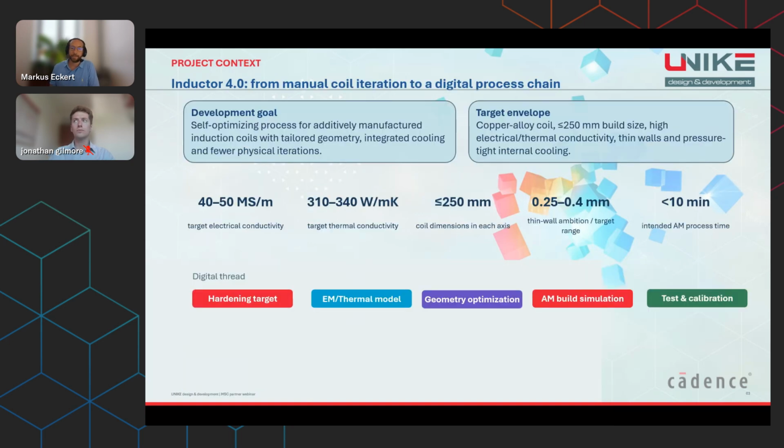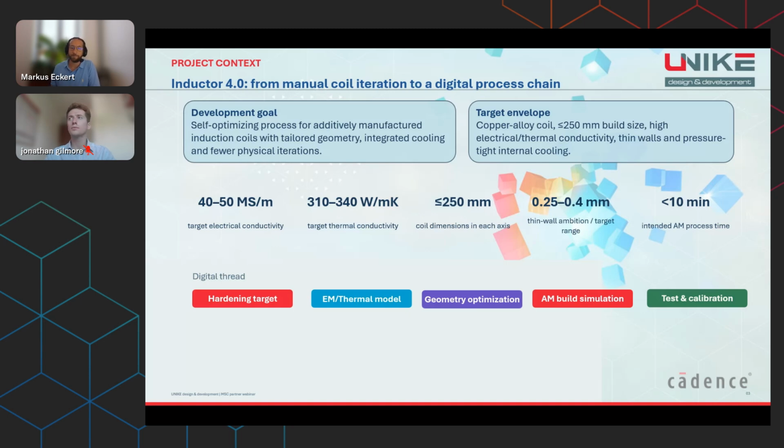The project context can be summarized quite well as Coil 4.0. Traditionally, induction coils are developed with a strong reliance on experience, prototypes, and manual correction loops. That approach can work, but it becomes expensive and increasingly difficult when the hardening zone is geometrically complex. The goal is therefore a more simulation-driven process. We first define the required local heating and then derive the coil geometry from that requirement.